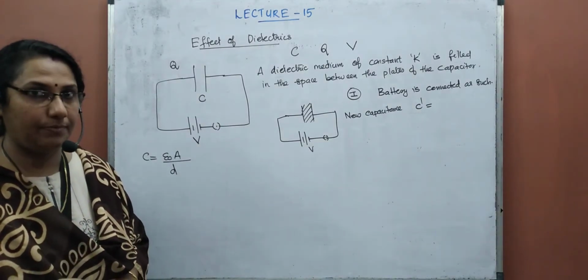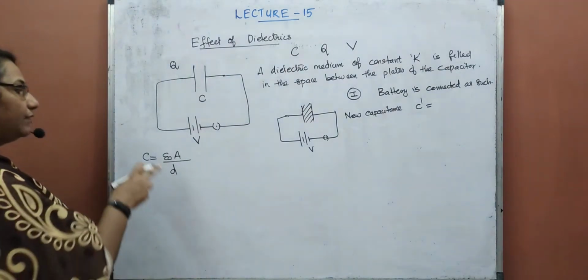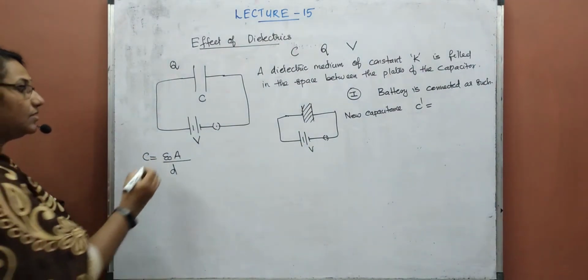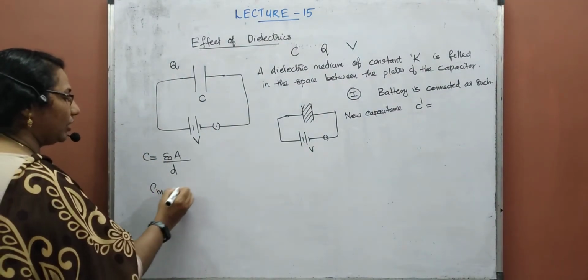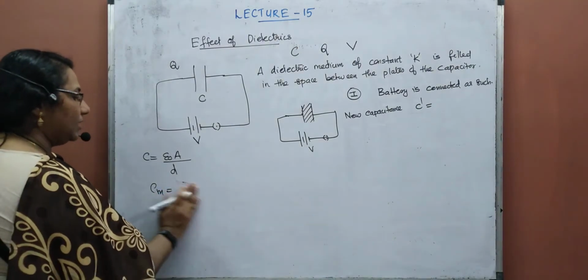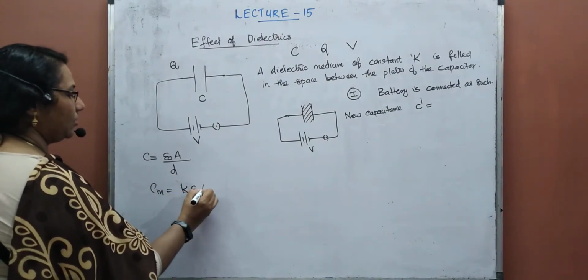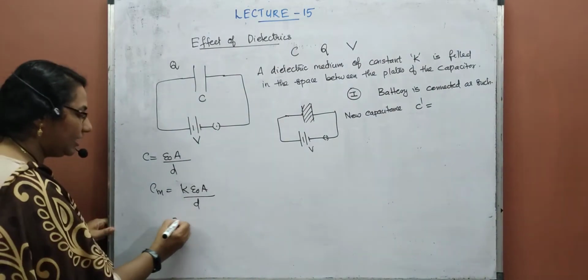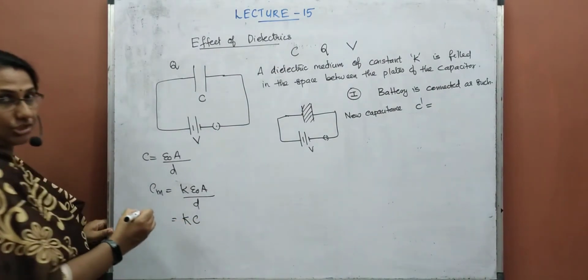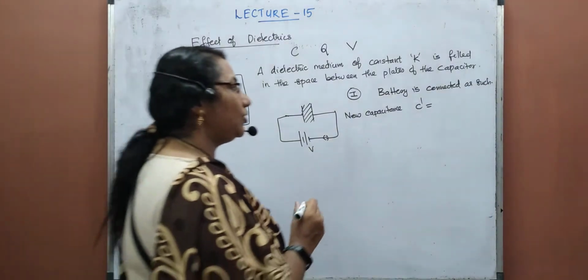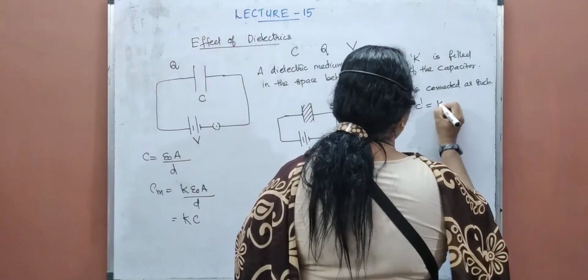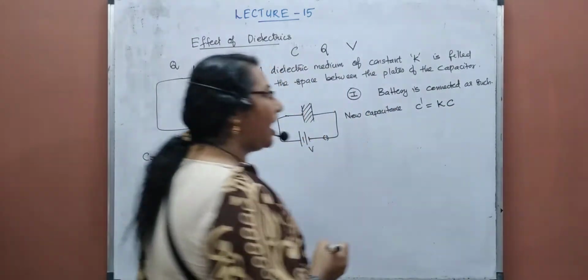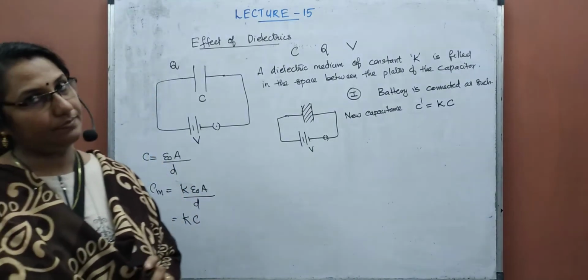Epsilon 0 A by D. And if a medium is filled, epsilon 0 becomes K epsilon 0. So inside a medium, it becomes K epsilon 0 A by D. So we have written it as K times the initial C. The new capacitance becomes K times the initial C.